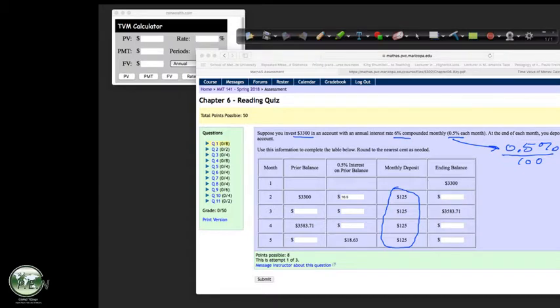So take 3,300 plus 16.50 plus the payment of $125. And now we've got $3,441.50. So that's what we put here.